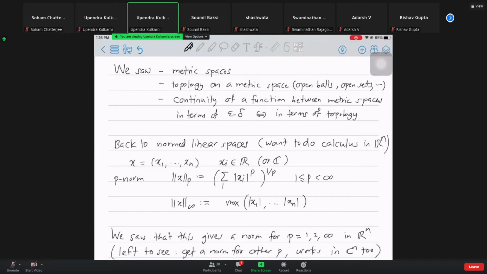No matter what open cover I take, I will always get a finite subcover. That's the definition of compactness. So I want to show that any closed interval is compact.